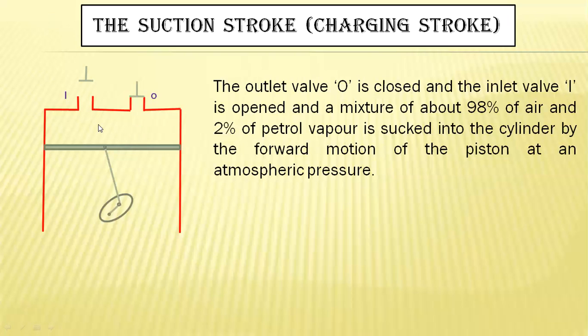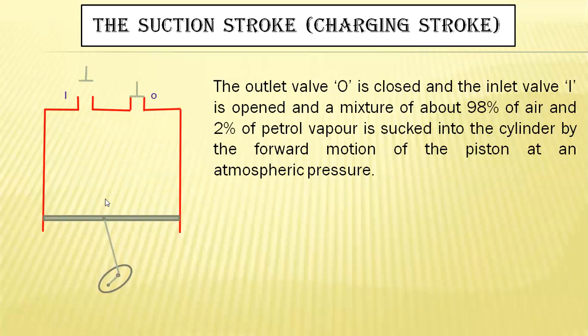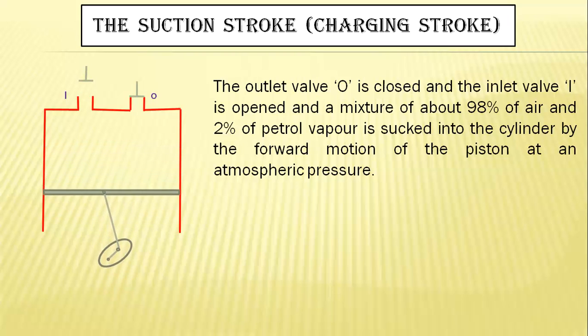Once the air and petrol vapor is introduced inside the cylinder, this piston moves in the forward direction at atmospheric pressure. Here the volume increases and the pressure is the atmospheric pressure. So this is the first stroke. That is, inlet valve opens, air and petrol vapor is sucked inside, the piston moves in the forward direction at atmospheric pressure.